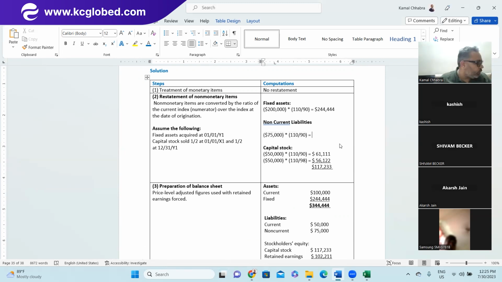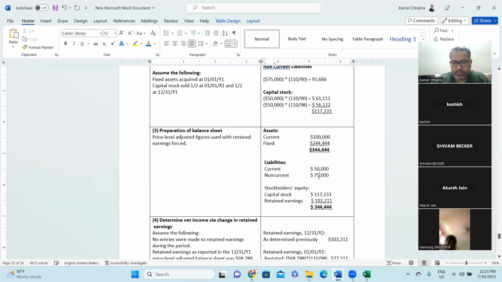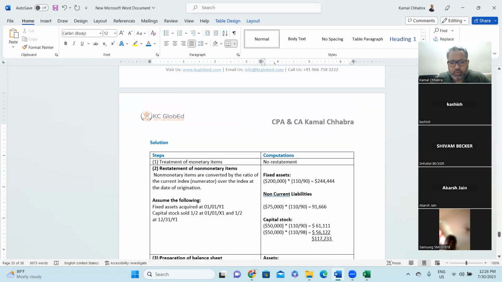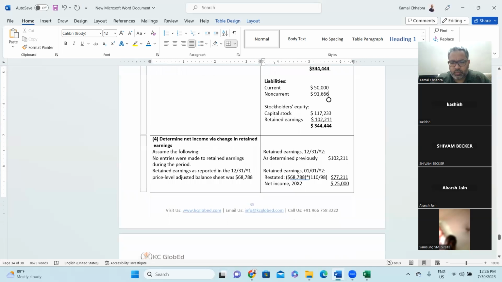Kashish, Ayush? Sir, yes, sir, doing. Divided, 91,666. 91,666, right? So here also in the non-current liability, it should come to 91,666, right? And your capital stock, retained earning, it's already updated over here. Capital stock we have done, and retained earning also you need to do the calculation of the same.